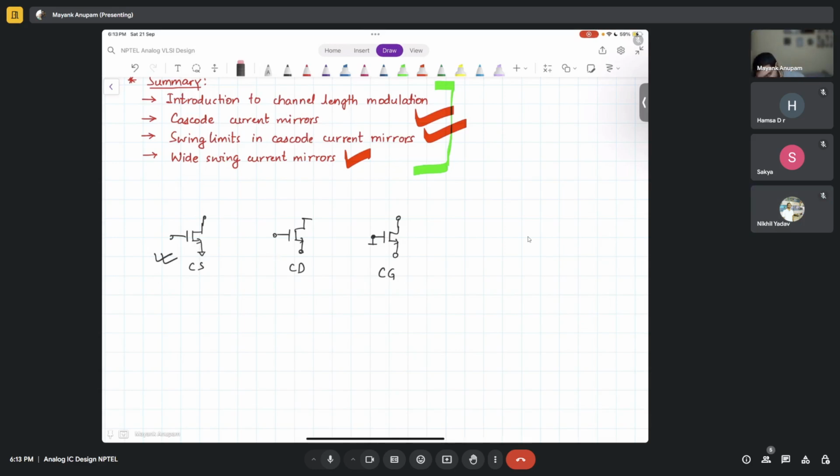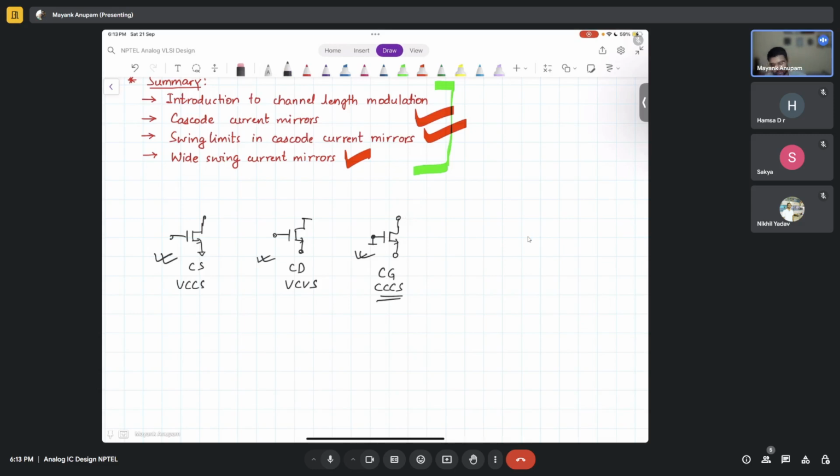So this acts like a VCCS. This is a VCVS, and this one, tell me what does it look like? Yes, it is a CCCS. You're correct. There is also something else called a CCVS, which you can generate from this one only, but ignore it for now.